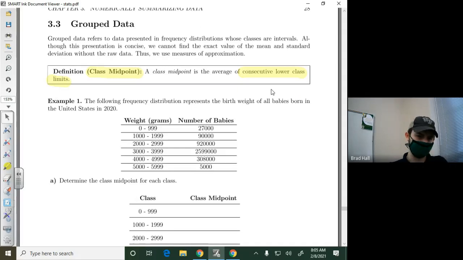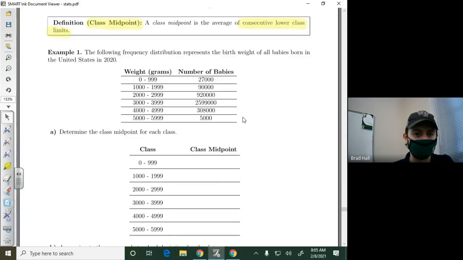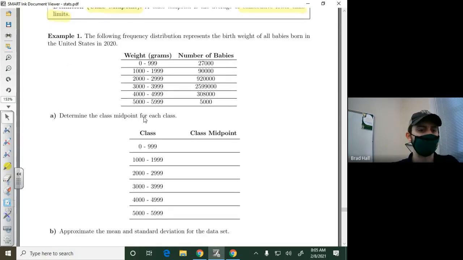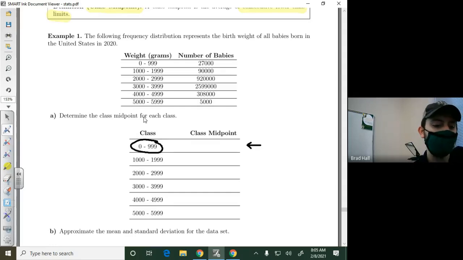The first question they want us to determine for this collection of information is to find the class midpoints for each class. So this is where we're going to introduce new material. The class midpoint is a way to take the group and average it out.